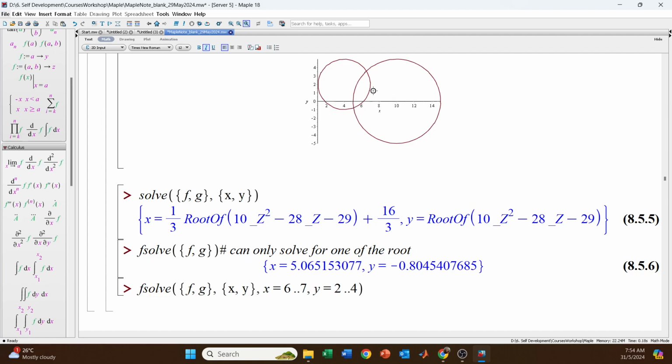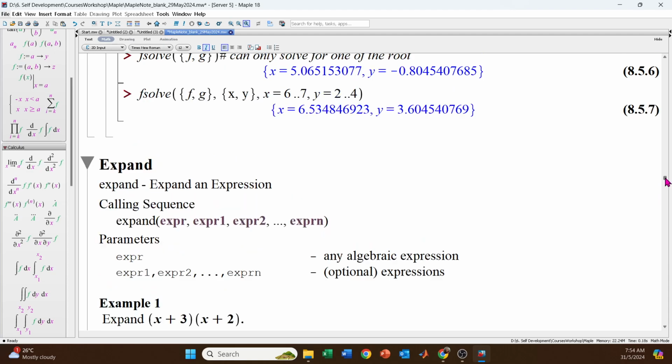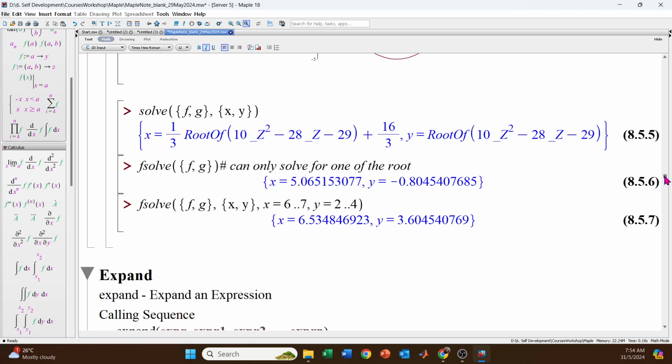If you want to get another root, you can specify the value, because fsolve normally gives one of the roots. From the graph, we know the roots are between, let's say, x from 6 to 7, y from 2 to 4, then we specify the range. Then you get the second root.